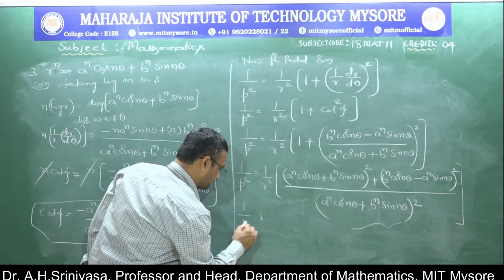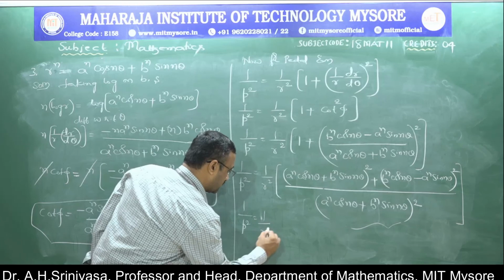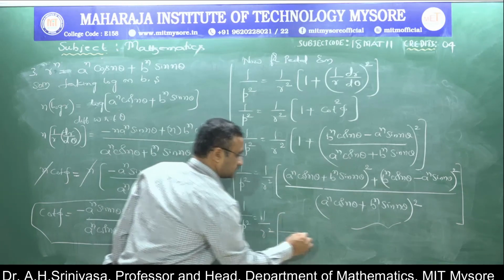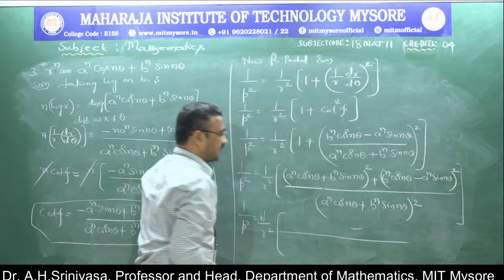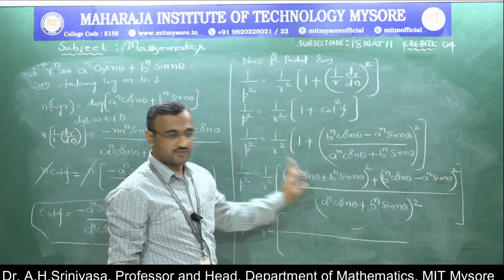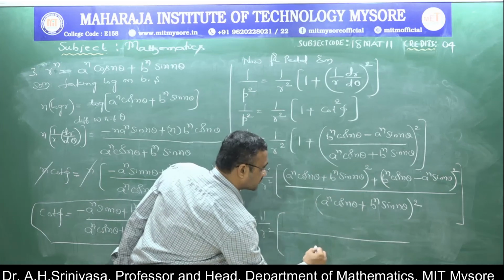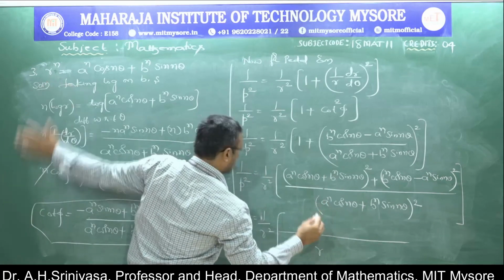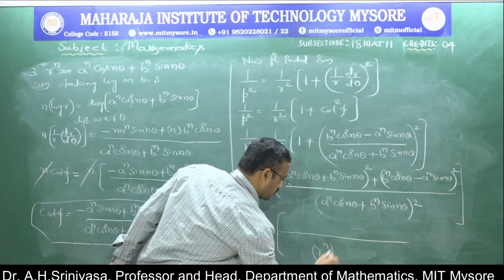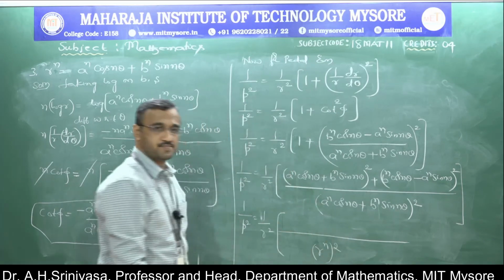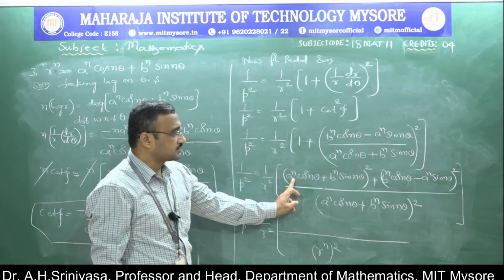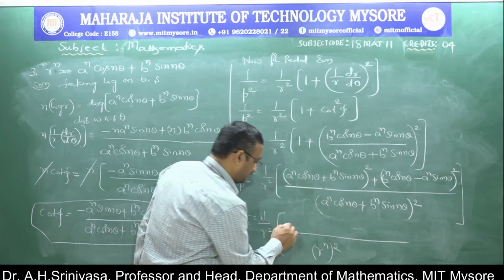That is 1 by p square equal to 1 by r square. Now expand this one by using your a plus b whole square formula. And instead of the denominator, we put here r power n whole square. So now expand this by using a plus b whole square. What we get now?